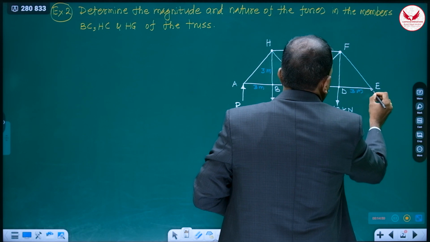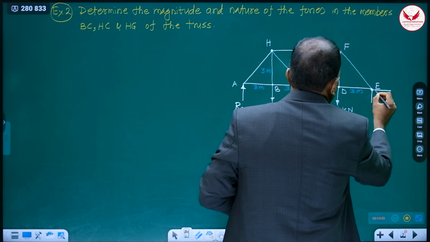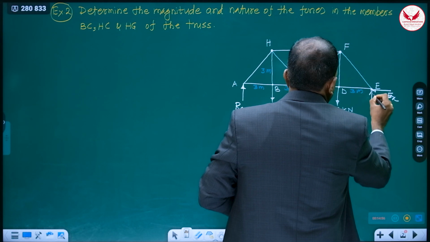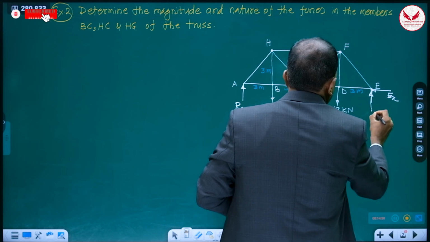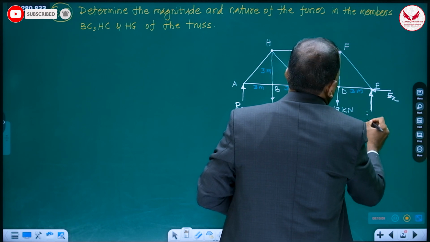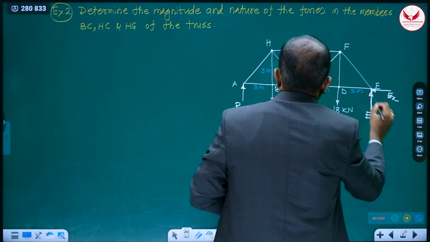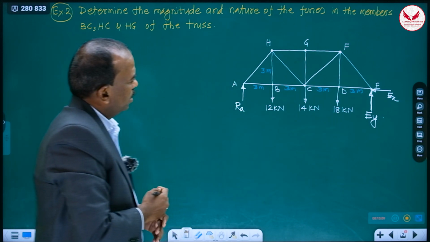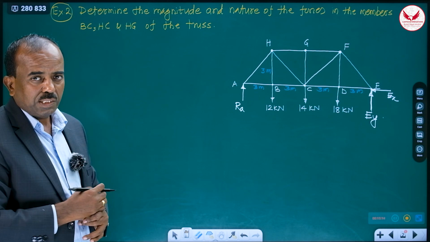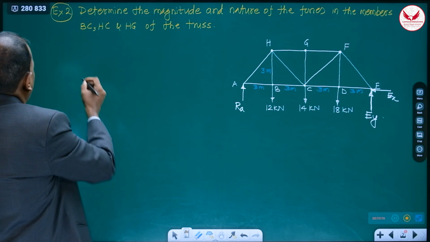And it is the hinge support, so it is EX and EY. So this is the free body diagram. It is always the first step in case of trusses or in any equilibrium problem.